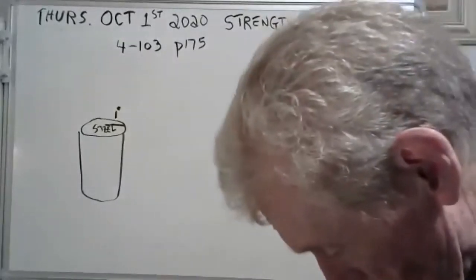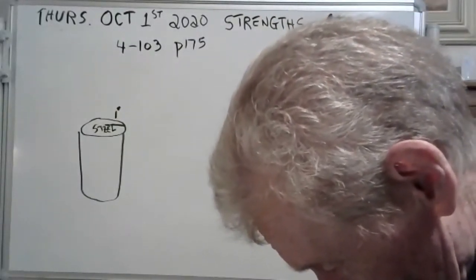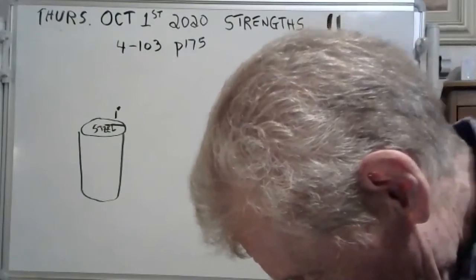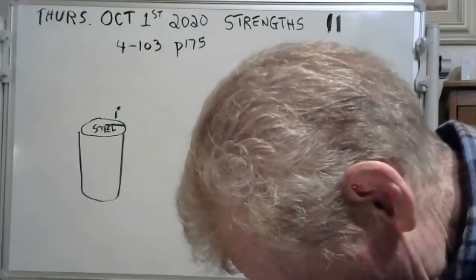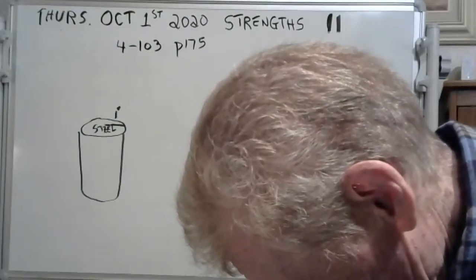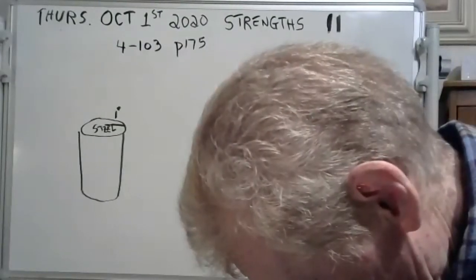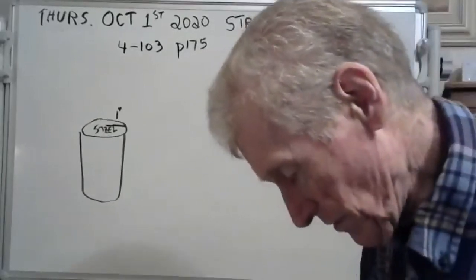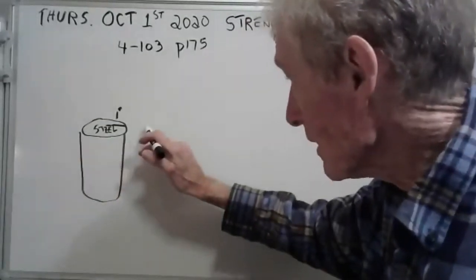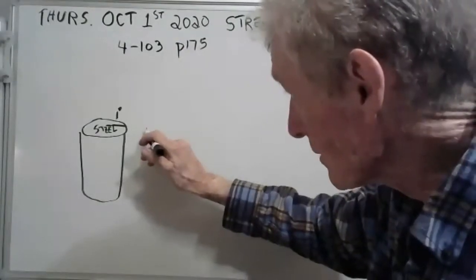And then they have an aluminum sleeve. Well, they don't call it a sleeve, but I'm going to call it a sleeve. And it has a radius of 2 inches. So it's kind of out here.